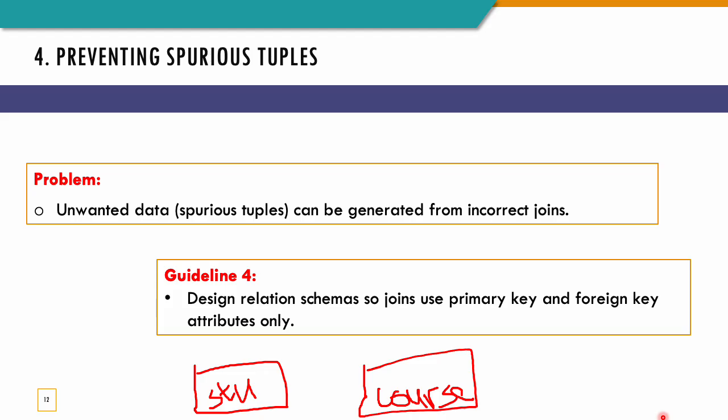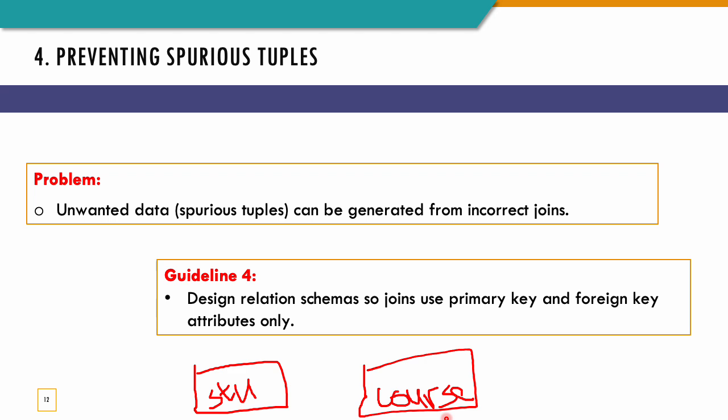The primary key is the unique identifier, as we know, for each row in a table. For example, in the students table, a student ID could be the primary key. And then the foreign key is the column in one table that links to the primary key of another table. For example, in the courses table, a student ID could be a foreign key that links to the students table.